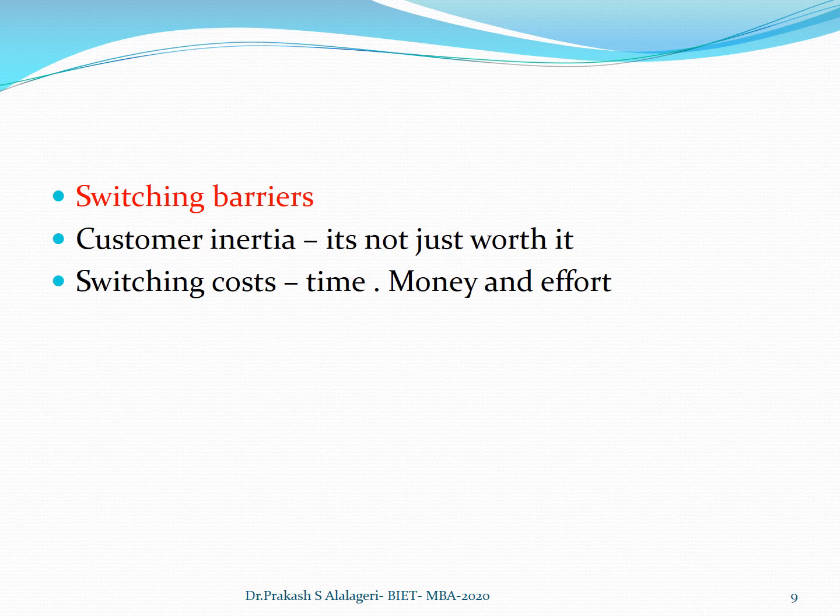So when considering a switch in service providers, the customer may face a number of barriers that make it difficult to leave one service provider and begin a relationship with another. That's what you can see there in the slide.